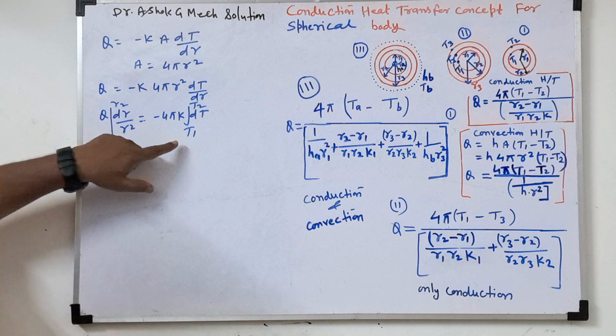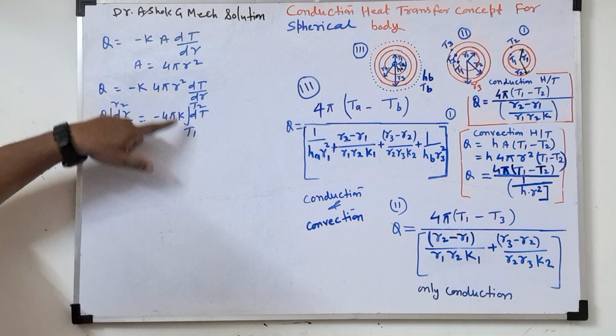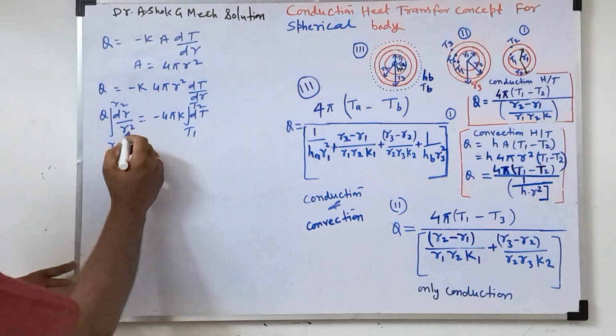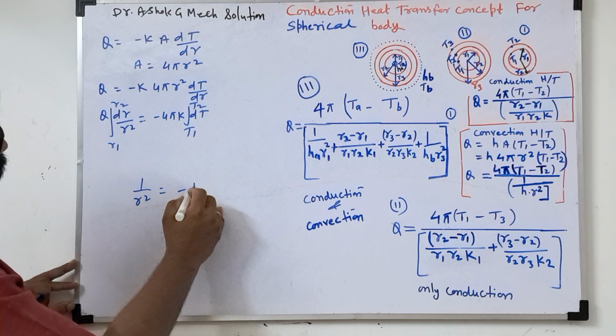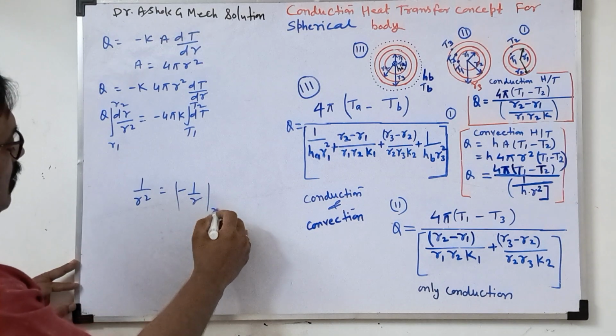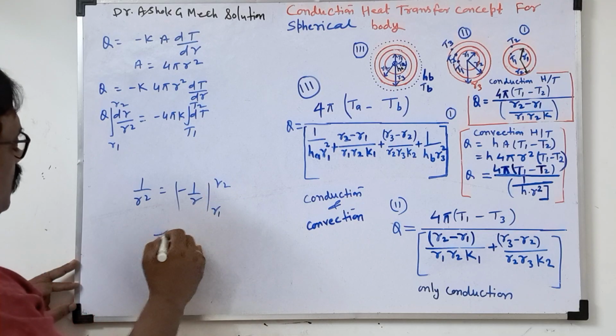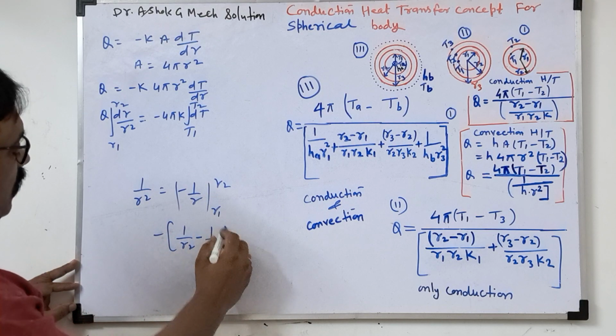The integration of 1 by r square is minus 1 by r. If we apply the limits r1 to r2, it will come minus 1 by r2 minus 1 by r1.